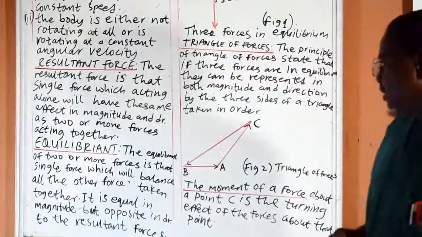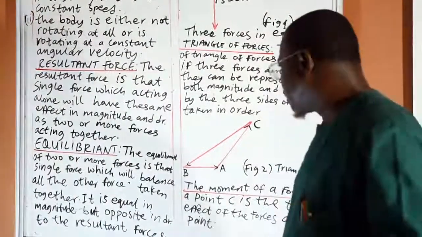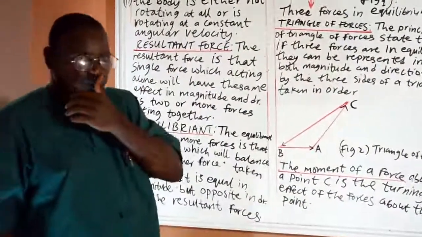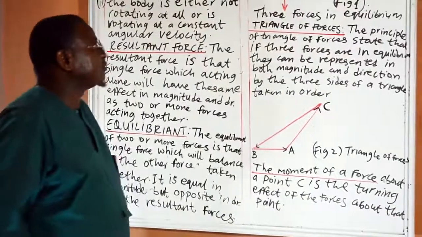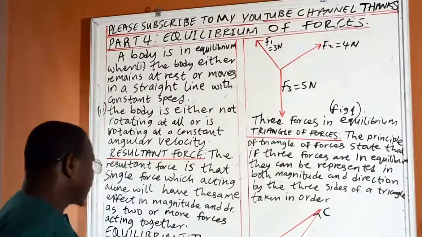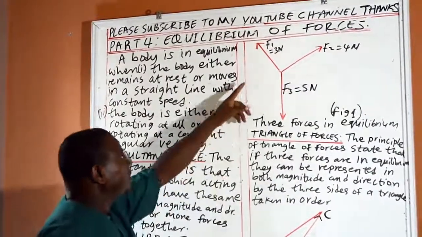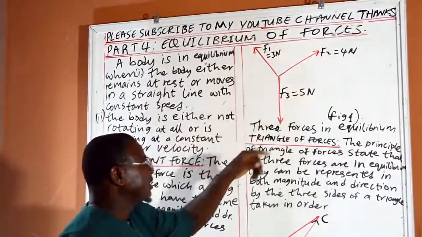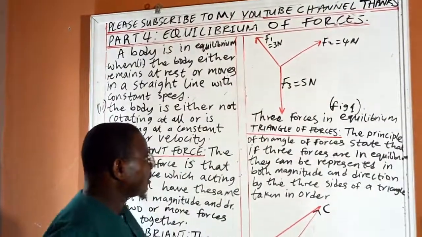Now, equilibrium of two or more forces is that single force which, taken together, is equal in magnitude and direction but opposite to the resultant force. This is the diagram of equilibrium of forces. This is F1, 3 Newton, F2, 4 Newton, F3, which is the equilibrant, is 5 Newton.